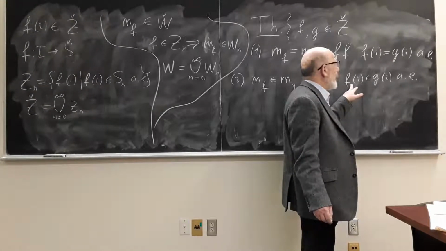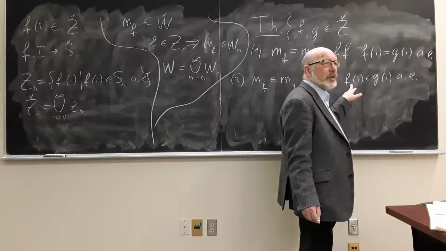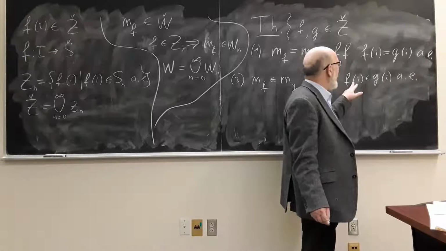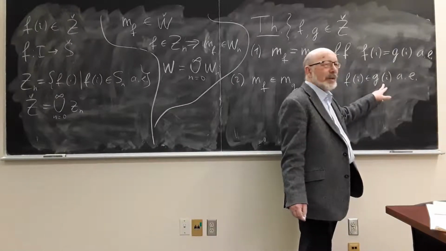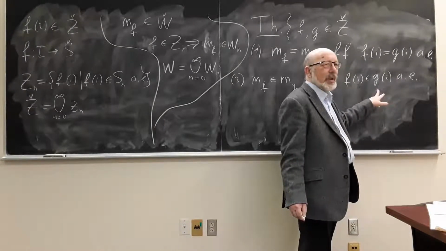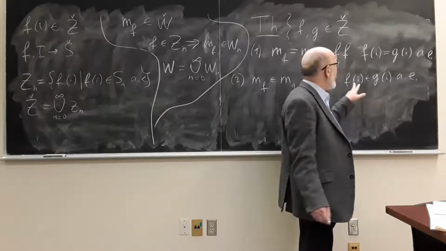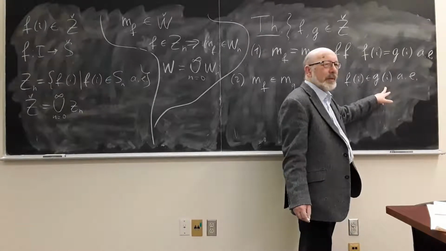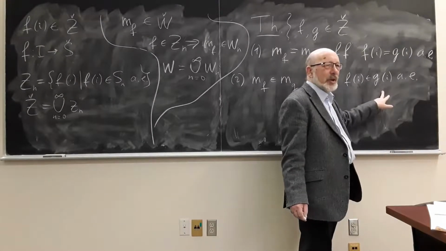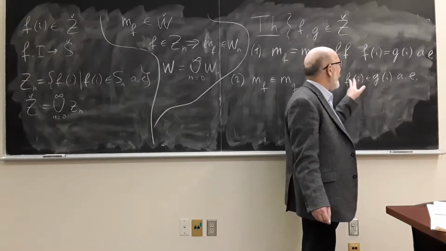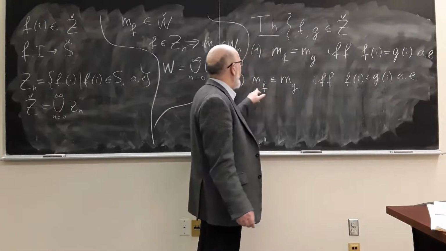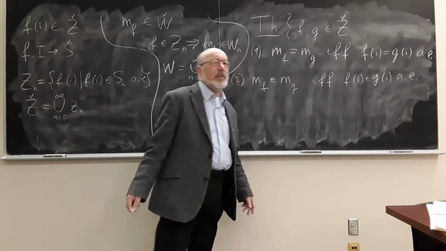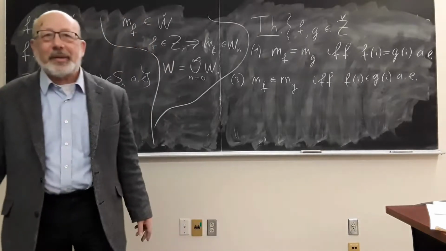In their turn, F and G are functions with values in sets. Or no, F may be in elements, but G certainly in sets, because otherwise this is impossible. So F is an element of G if F(i) is an element of G(i) for almost all i. So it makes perfect sense. And this also makes sense because MF and MG are sets.